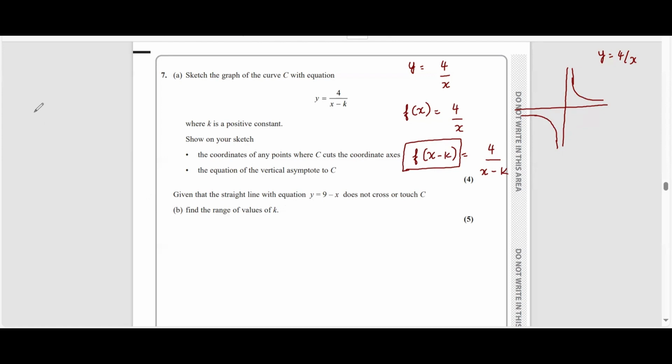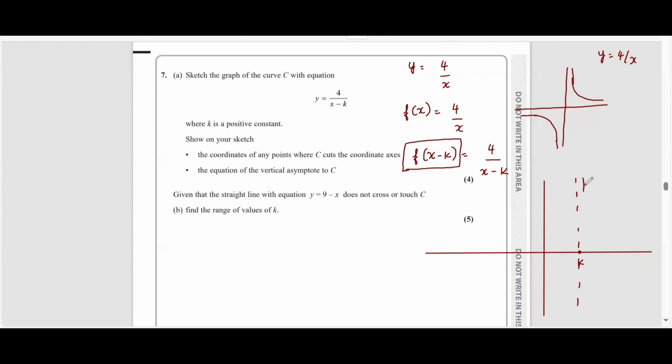units towards the right. So let's sketch the graph here, the y-axis, the x-axis, and let's consider that k is a point over here. This is k. Now, the vertical asymptote, your y-axis, is being shifted towards the right by k units.